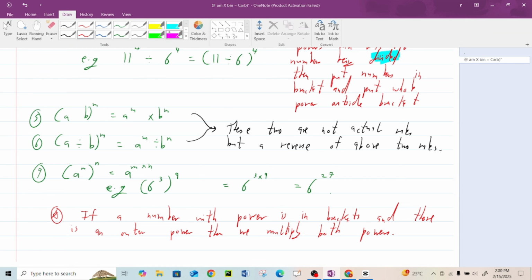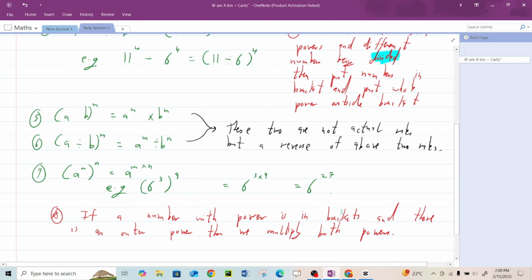The keyword is multiply. It is in brackets, and there is an outer power, so we multiply.